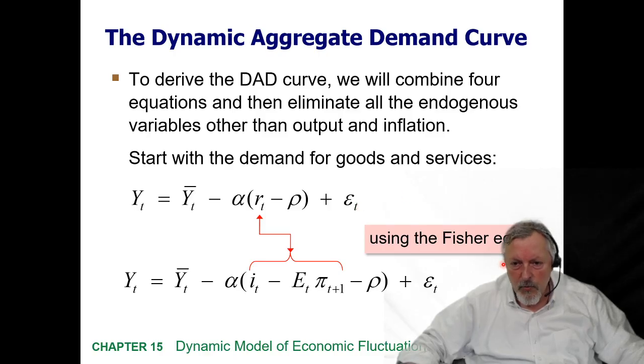Well, using the Fisher equation for the real interest rate, we can substitute the nominal rate minus expected inflation, because the real rate equals the nominal rate minus expected inflation. So all we've done is substitute a bit of the Fisher equation in for this term. Makes it a little longer, but it's still the same thing.